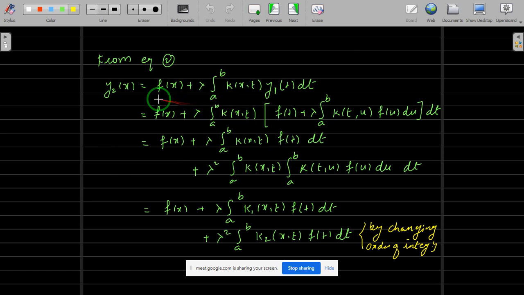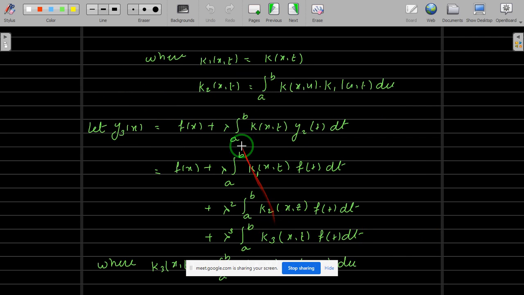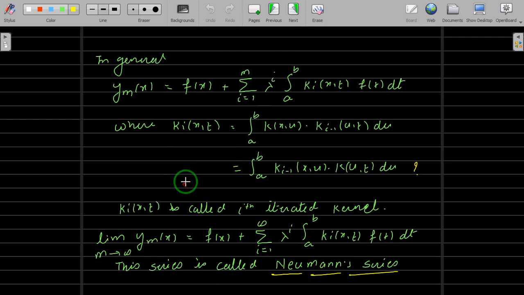Then we started with equation number 2, that is for y2, and you substitute for that y1 and simplify, and then we got this k1, k2, then k3, and in general we got the ki's.